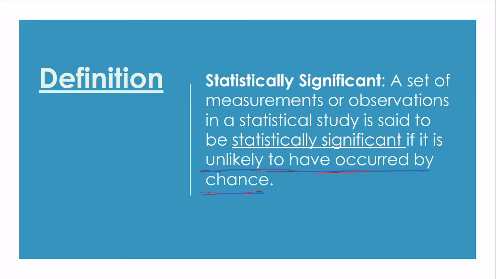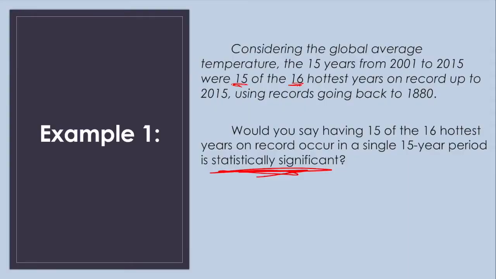So let's look at this first example. Considering the global average temperature, the 15 hottest years from 2001 to 2015 were 15 of the 16 hottest years on record up to 2015. And that's using records that go all the way back to 1880.